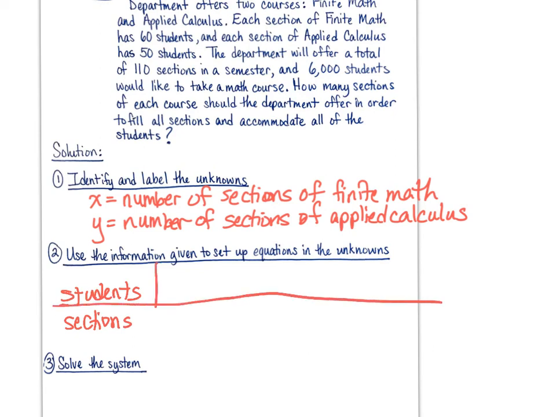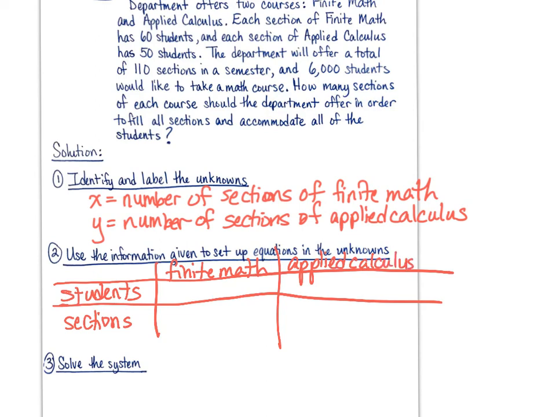And then we have finite math. And we also have applied calculus. And what else are we given? You got it, the total number of students in sections. Very good.